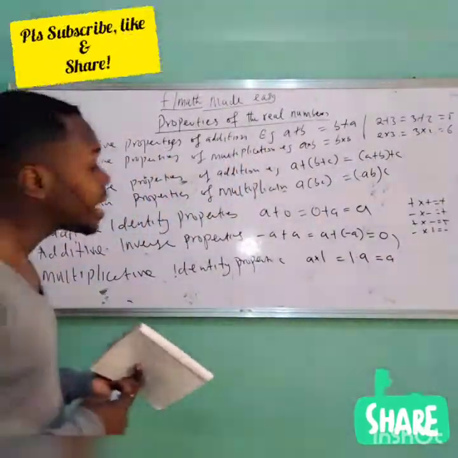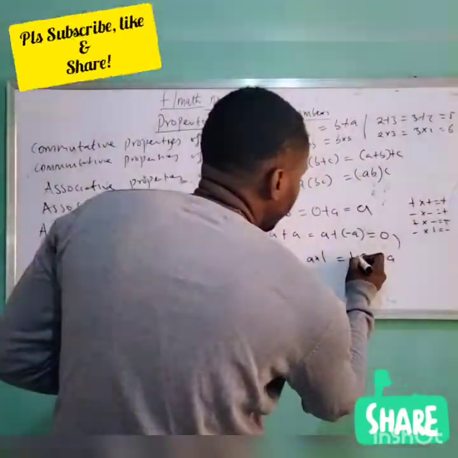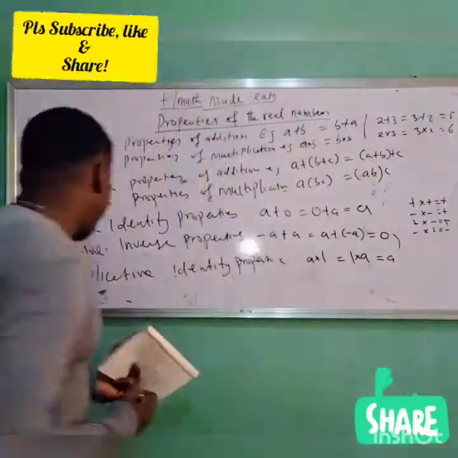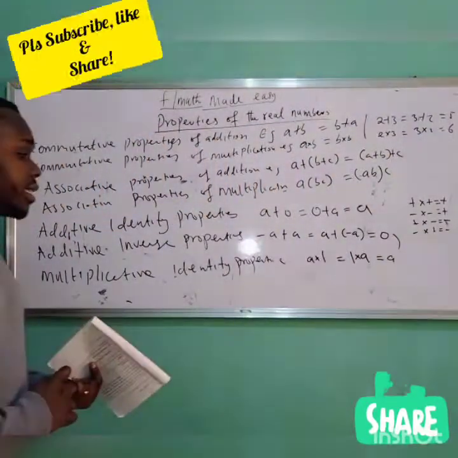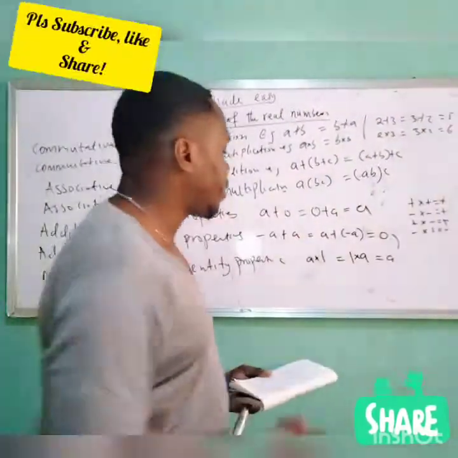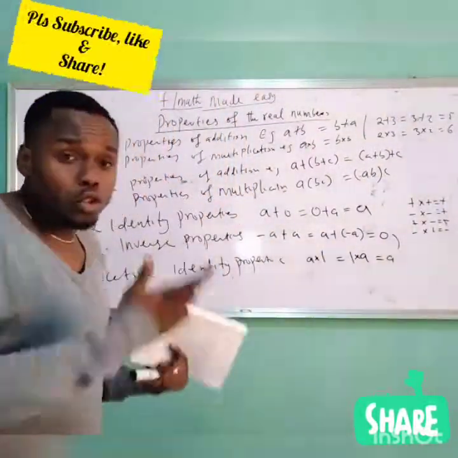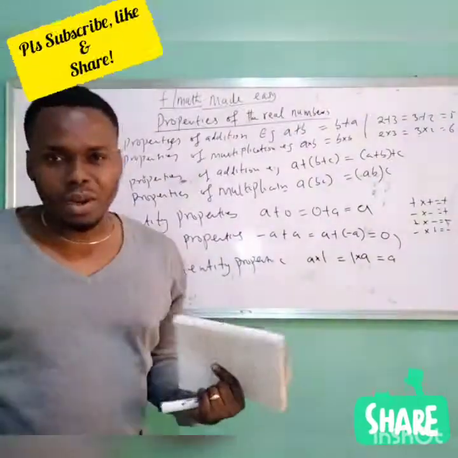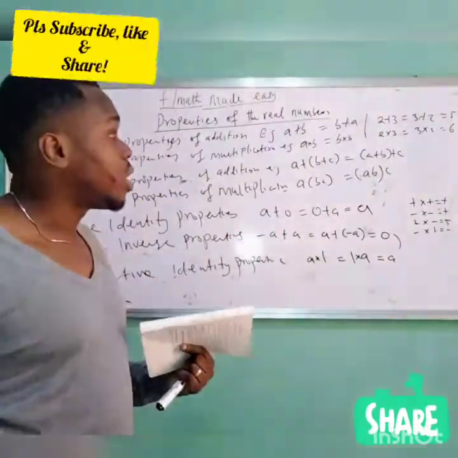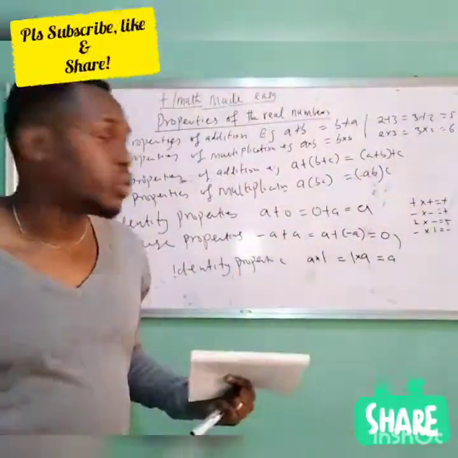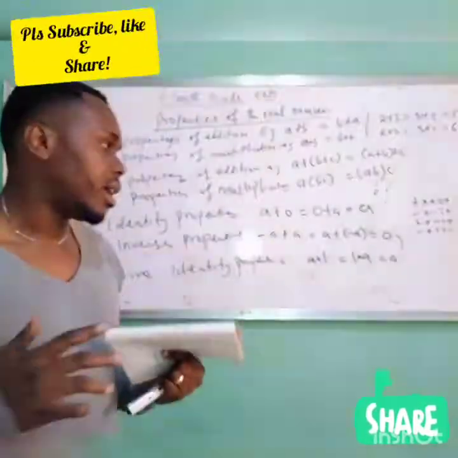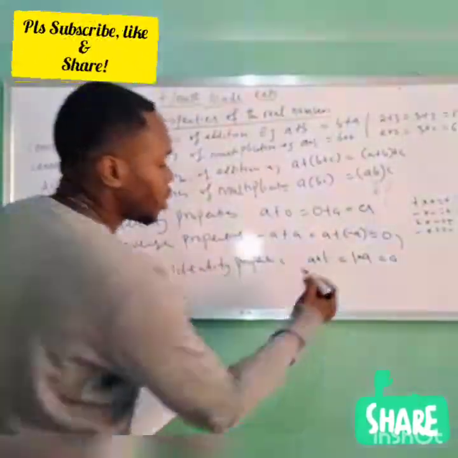Now for the multiplicative identity property, a can be any number. I only use 2 because it's easier to express, but a can be any number in the world. For easy demonstration, this is a times 1.